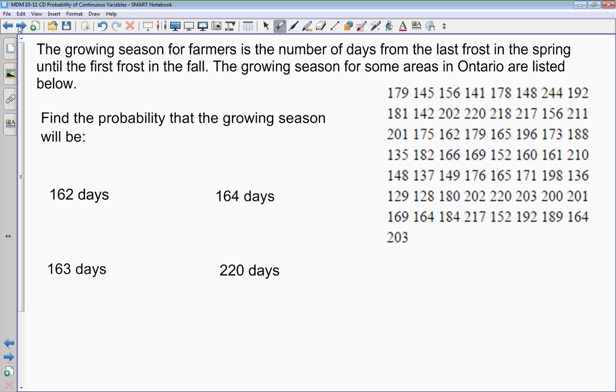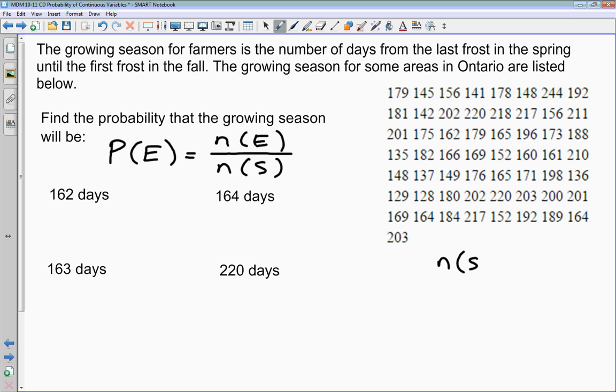Up until now, we have been thinking about questions like this by saying, okay, the probability of this event is the number of times this event occurs divided by the number of things in our sample space. If we look at our sample space, we might take each one of these numbers as our sample space and say there are 57 things in it.